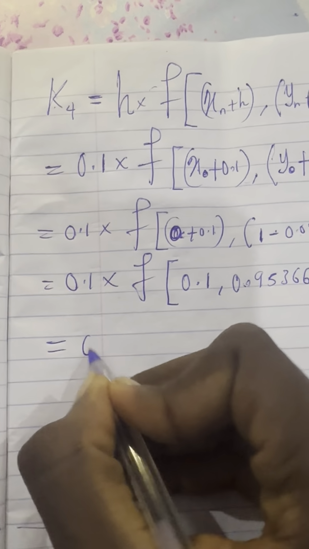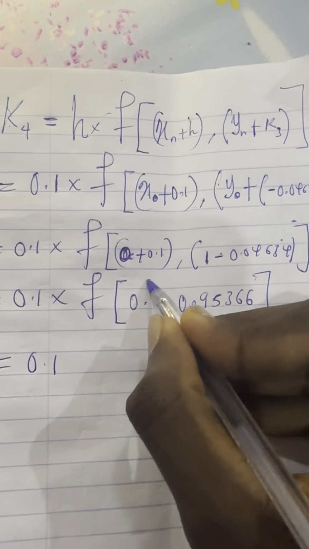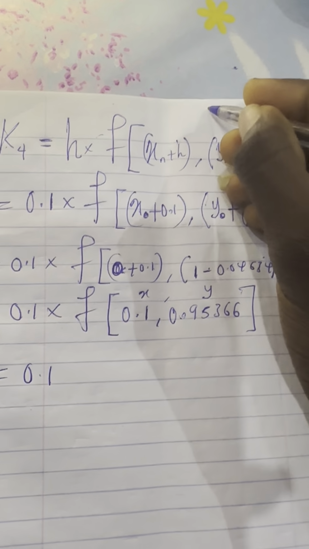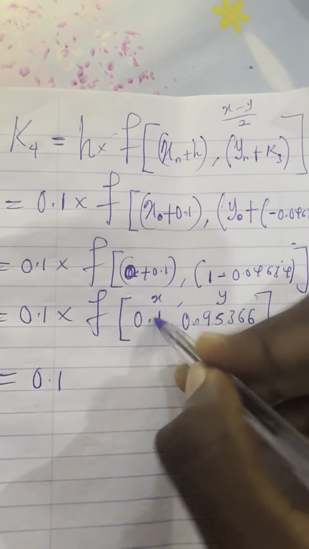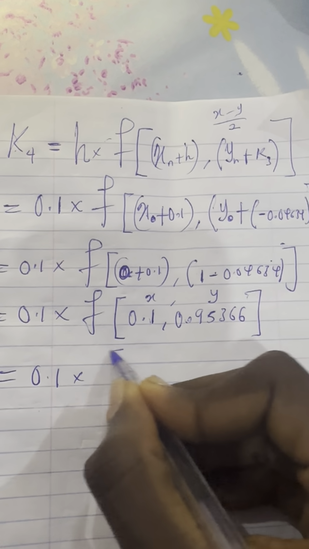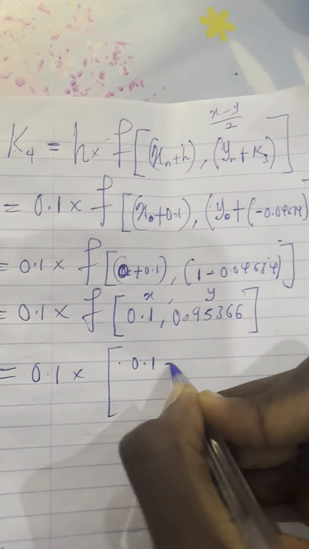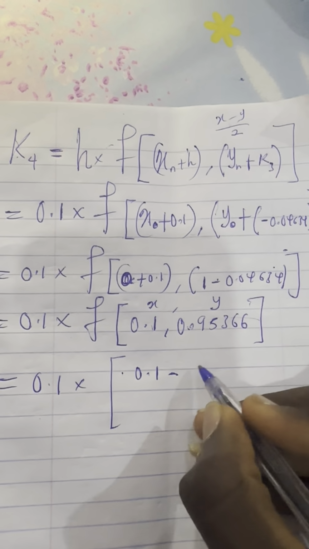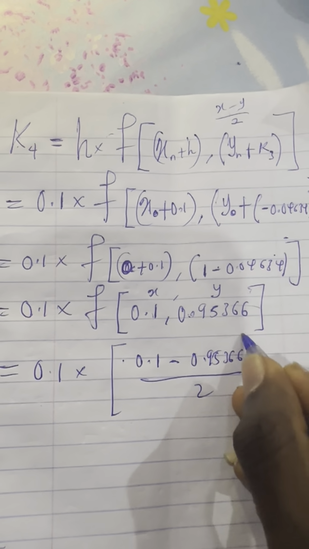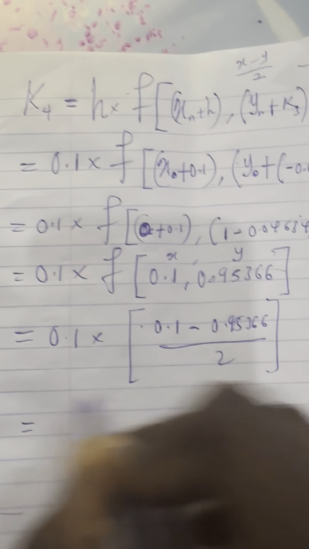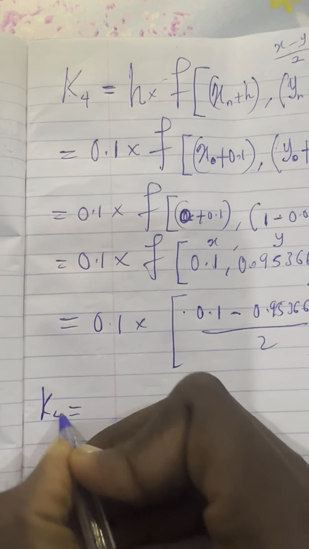So in this case, this is a function in terms of x comma y, and my f of x comma y is defined as x minus y over 2. That means anywhere I see x, I'll put 0.1 minus, anywhere I see y, I'll put 0.95366 and over 2. So when you press all this on calculator, what will our K4 give us?